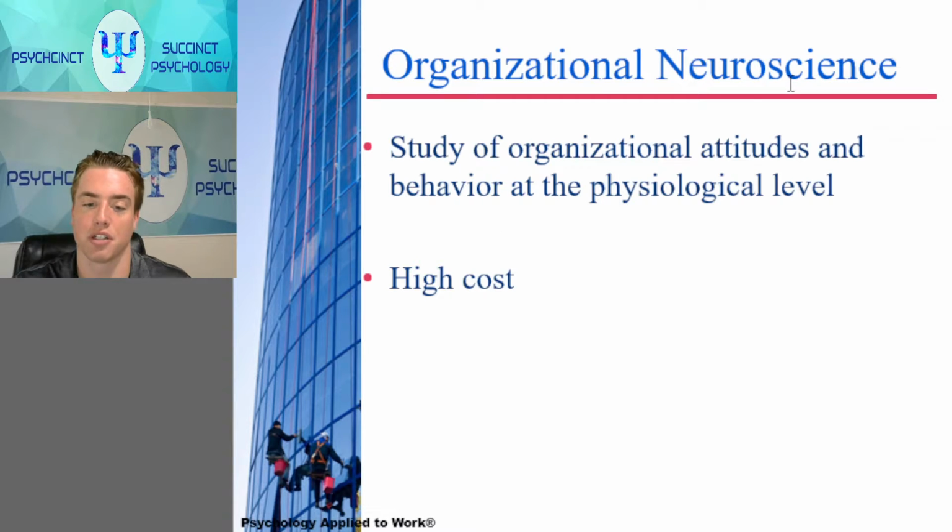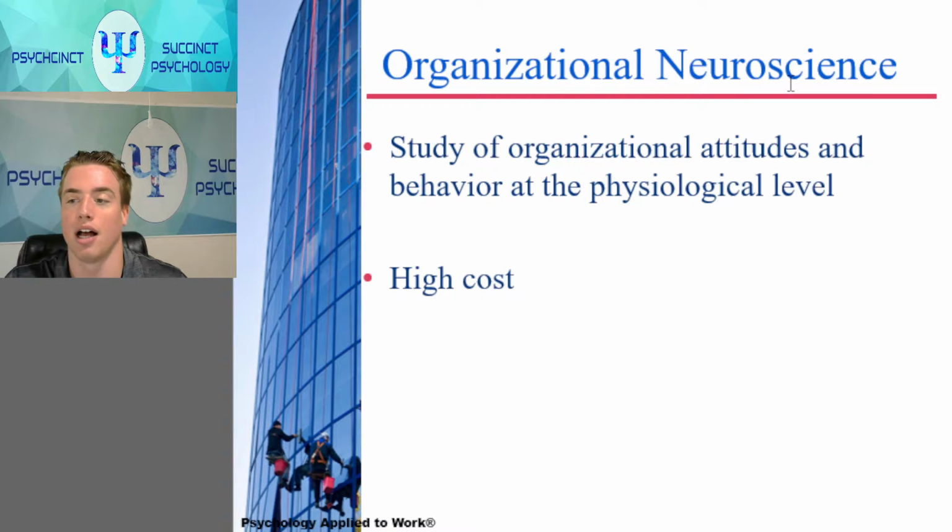Organizational neuroscience is the study of neural activity as evidenced in organizational attitudes and behavior. It's also known as social cognitive neuroscience, the study of organizational attitudes at the physiological level.